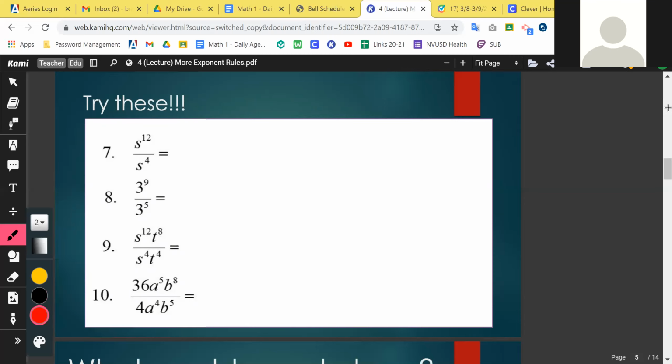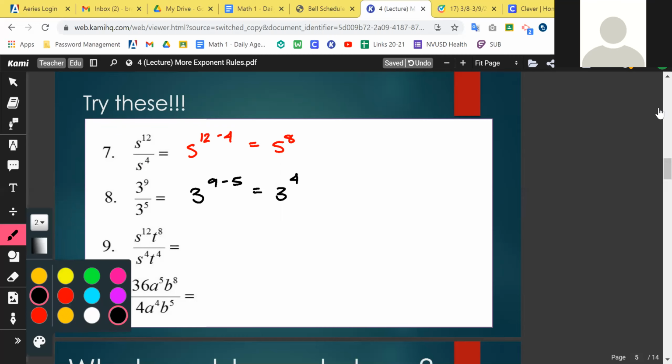So for the first one, we're going to keep the base of s. We're going to do 12 minus 4, and that gives us s to the 8th power. Next one, we're going to keep the 3 and subtract 9 minus 5, and that gives us 3 to the 4th power. The next problem, we have, again, 2 different variables.